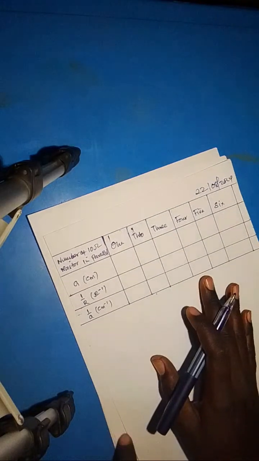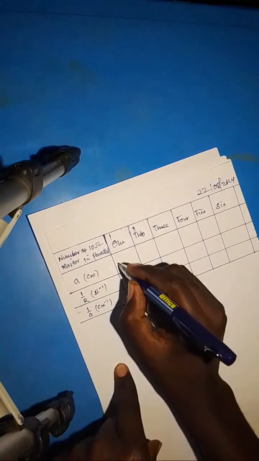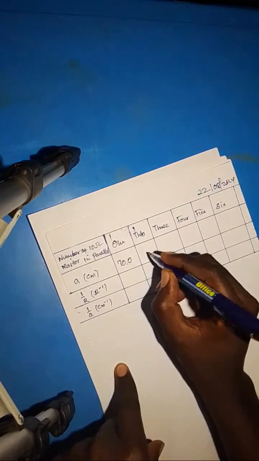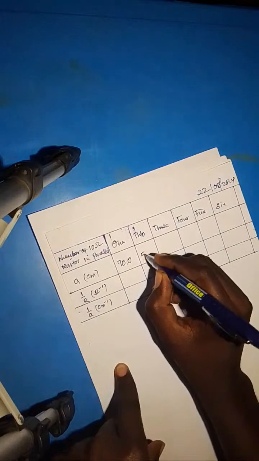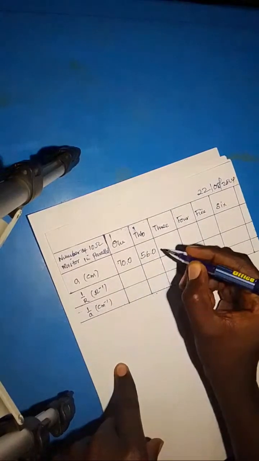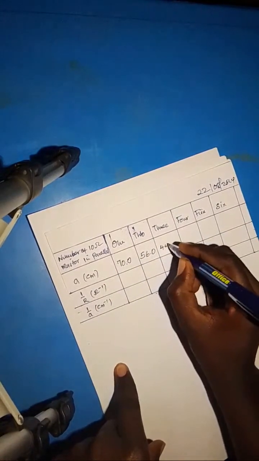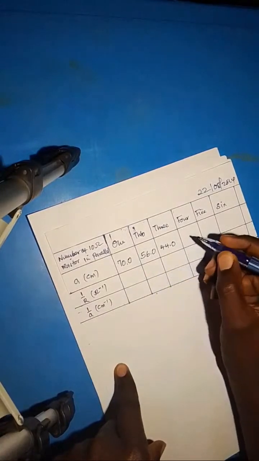Therefore, for us to get this, then it means that now the first question, before we get to the question, we have the issue to do with quantity A, when we have the distance recorded as 70.0 centimeters, 56.0 centimeters, 44.0 centimeters.